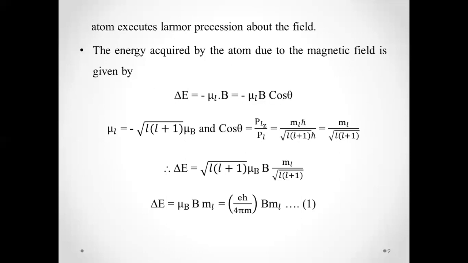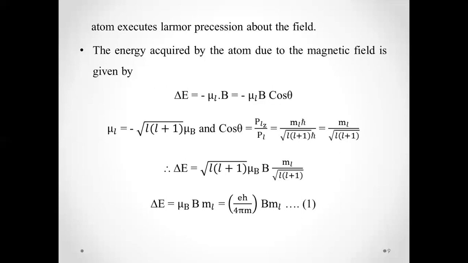Now, after simplification, we get delta E is equal to mu B into B into M_L, where mu B is the Bohr magneton, which is given by eh by 4 pi m.